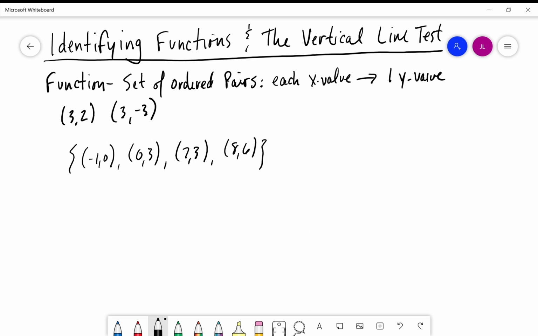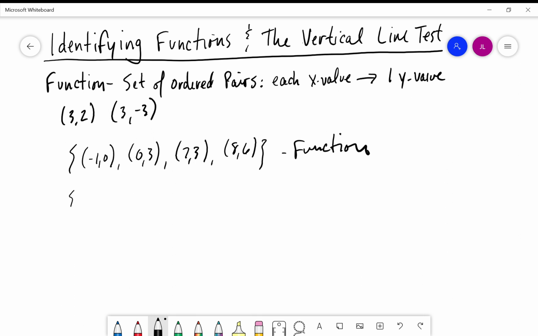Okay, this is going to be a set of ordered pairs. This would be a function because we don't have an instance where we have an x with two different y values. Now we have a y value with two different x's, but we're allowed to do that. We're not allowed to have an x with two different y's. That would be a function.